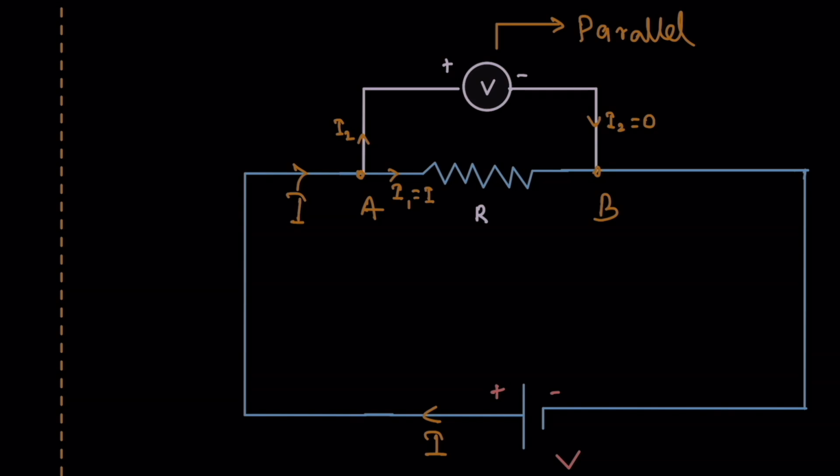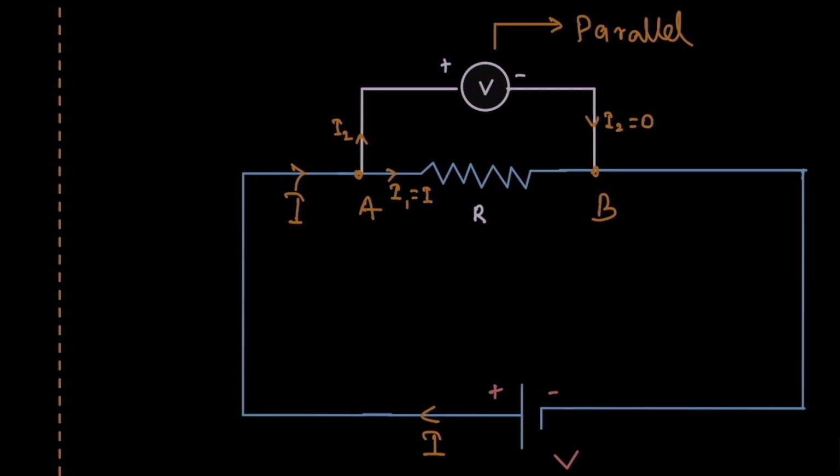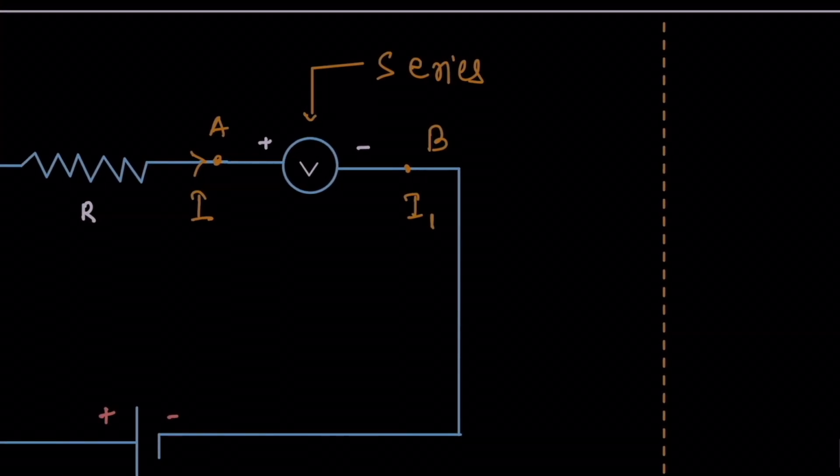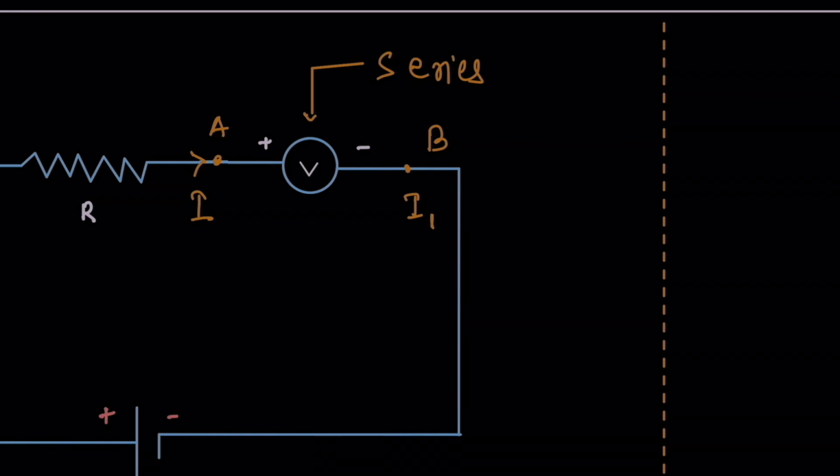Now the voltmeter will take the accurate reading of the voltage between points A and B when it is connected in parallel. But when it is connected in series, it will disturb the flow of current. It might be possible that no current will flow, meaning approximately 0.